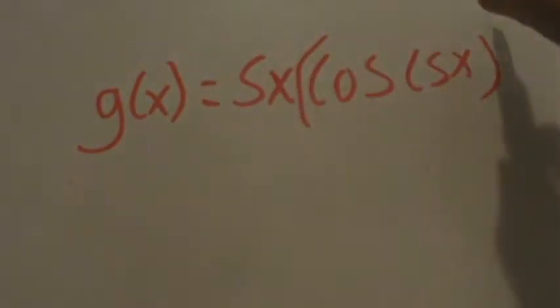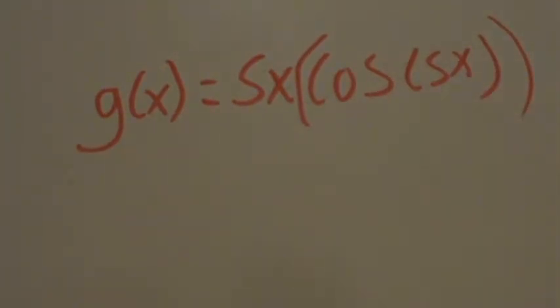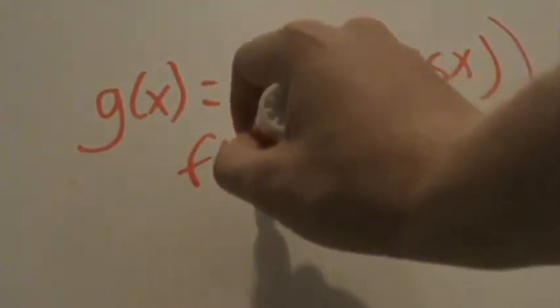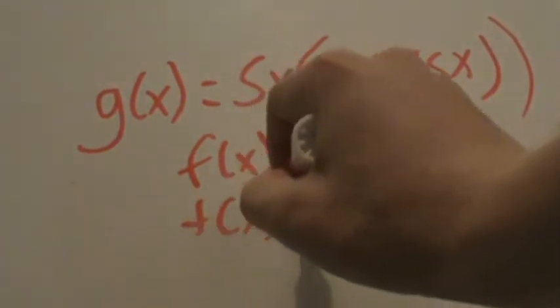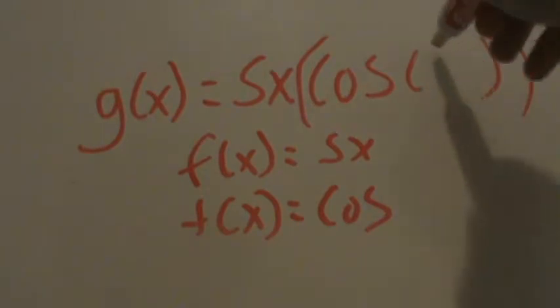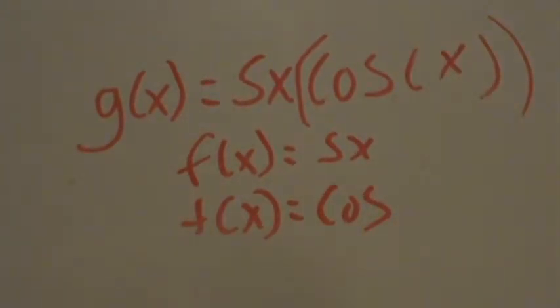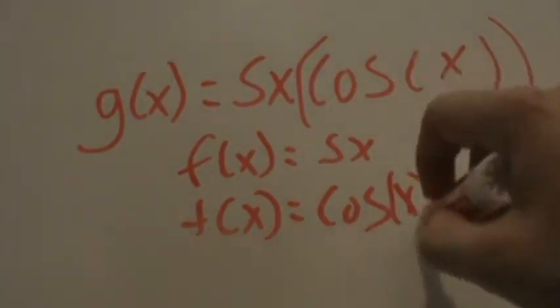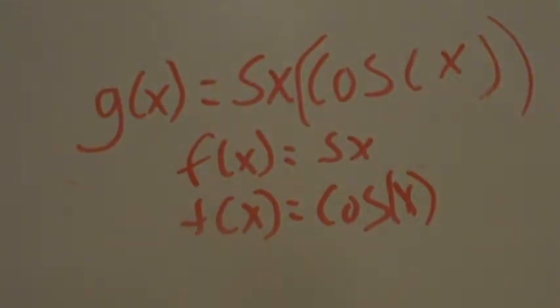So basically what we do is, let's say that f of x is equal to 5x and t of x is equal to cosine x. This is important to mark them like this so that you can follow how I derive it, because I will derive this in a second.